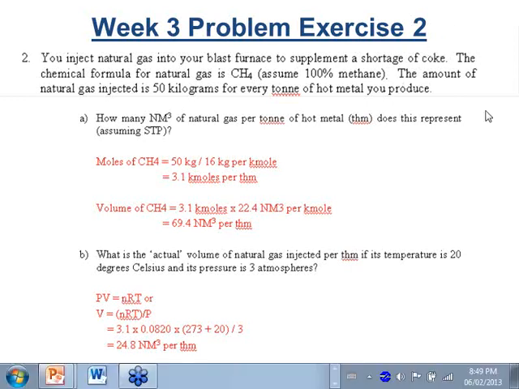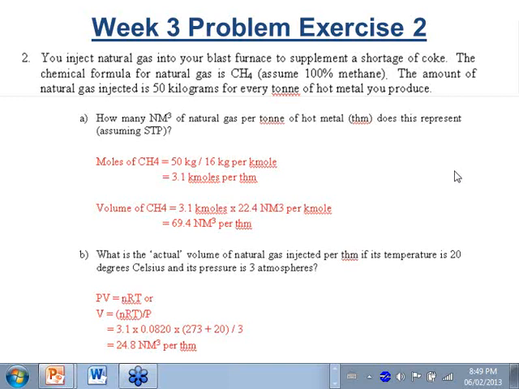So the question being asked here is, how many normal cubic meters of natural gas per ton of hot metal does this represent at standard temperature and pressure? Well, the moles of CH4 is equal to 50 kilograms, given by the body of the question, divided by 16 kilograms per kilomole, so it's 3.1 kilomoles per ton of hot metal.